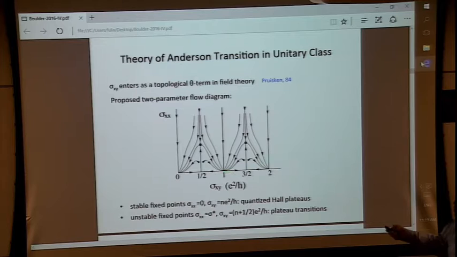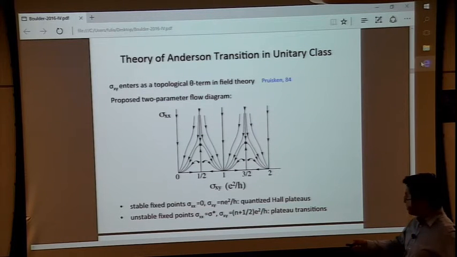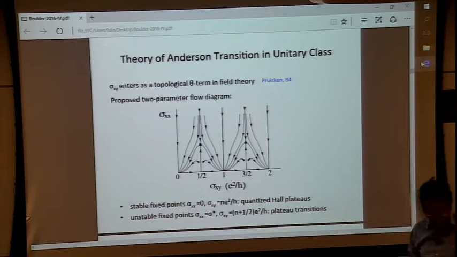There is no controlled calculation done in this regime. But we know that the unstable fixed point has to be there because this is right at the quantum Hall plateau transition point, and at this critical point, there have to be extended states in the bulk, so the conductance has to be non-zero.